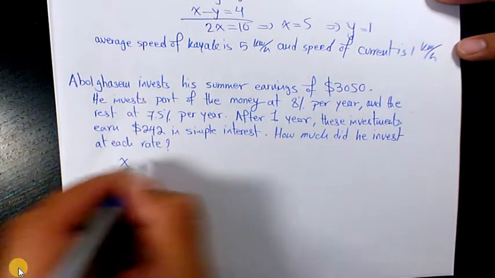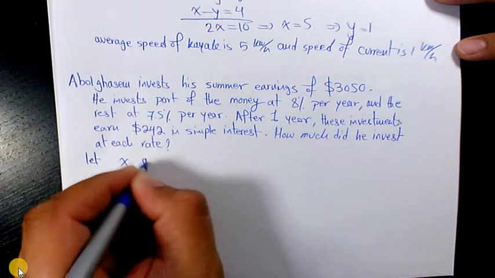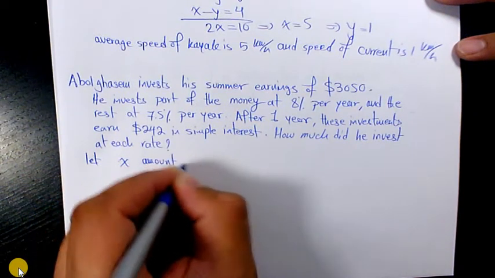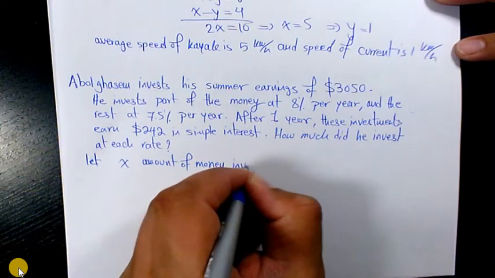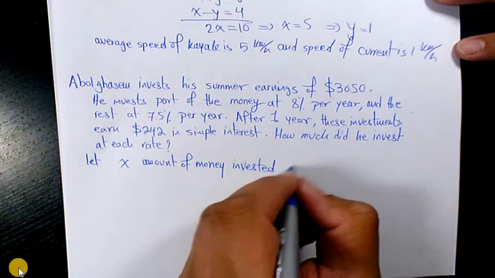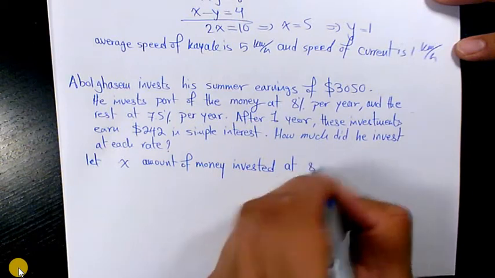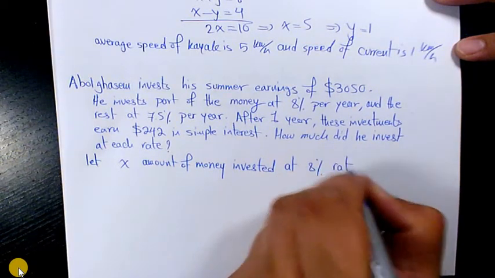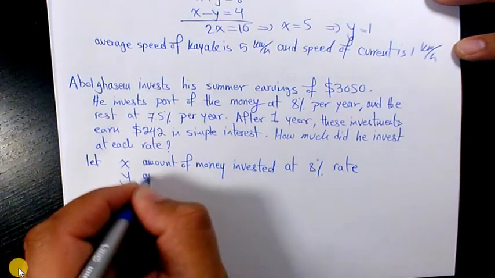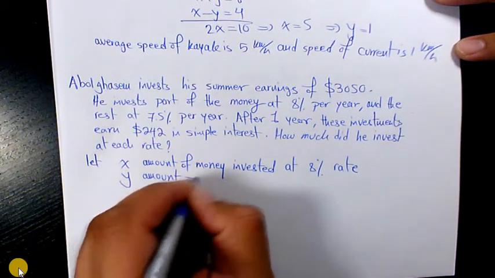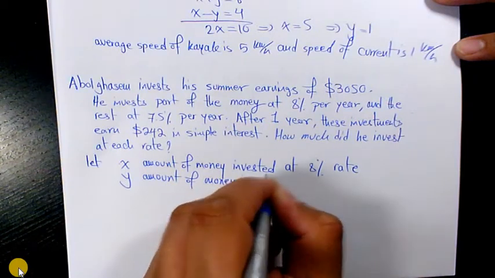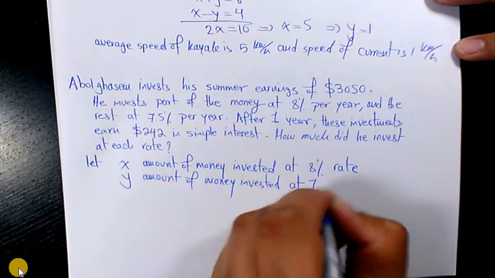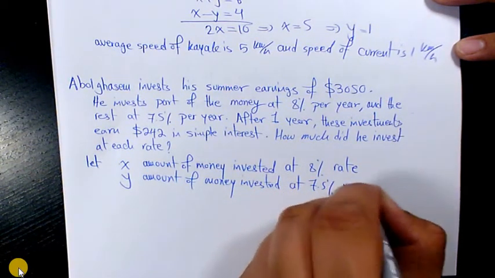So let x be the amount of money invested at 8% rate, y the amount of money invested at 7.5% rate.